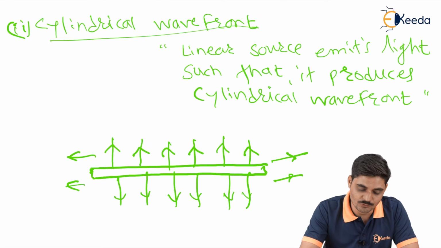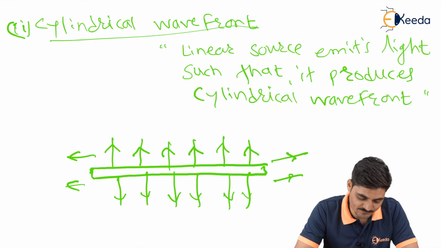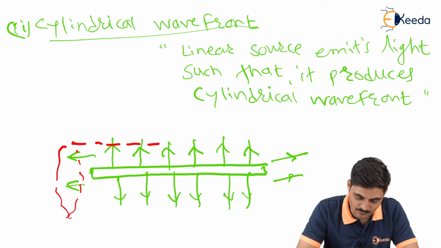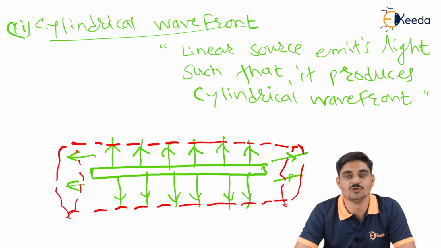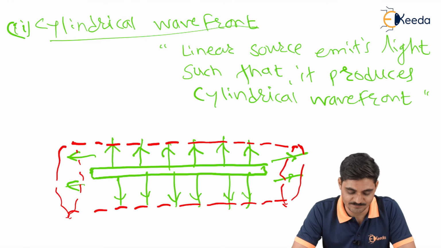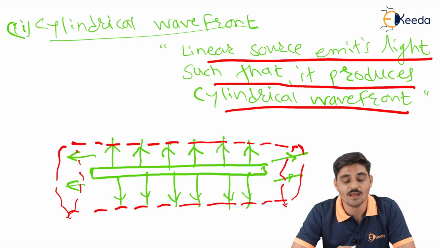And if you try to join the locus of these points, you will have the locus forming a cylinder. So a linear source emits light such that it produces cylindrical wavefront.